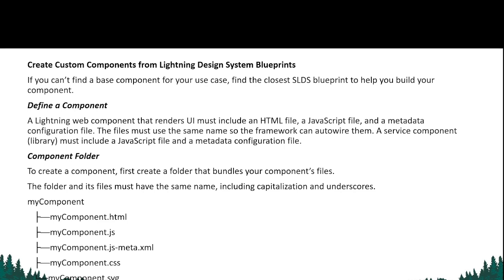And then the rules for it are that it should contain certain capitalization of the words, and the underscore should also be there. Then I have my component. So the myComponent.html, then myComponent.js, it will support multiple HTML, JavaScript, and metadata and CSS files as well as your version file.